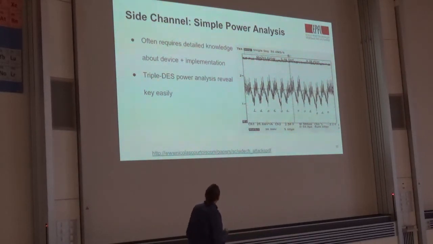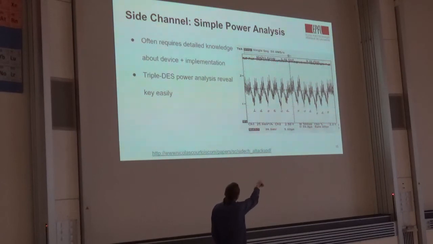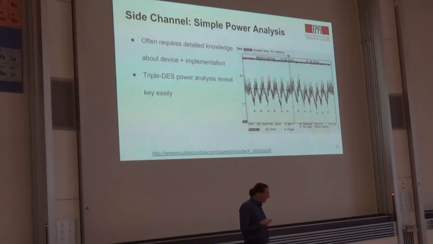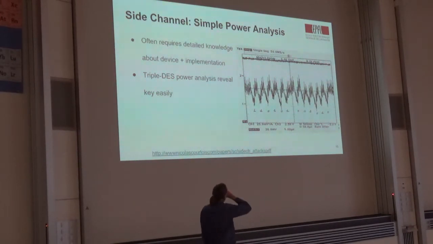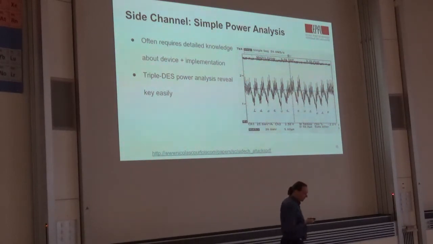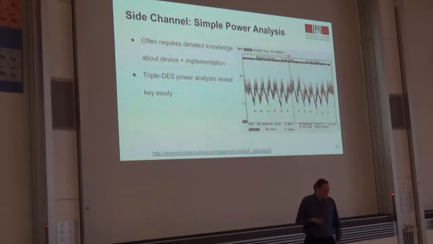In particular, attacking a particular hardware implementation of triple DES as it goes through the bits of the private key, you could literally read off the waveform: that's a 1 bit, that's a 1 bit, there's a 0 bit. So you could just read that directly off the waveform with the right type of analysis.